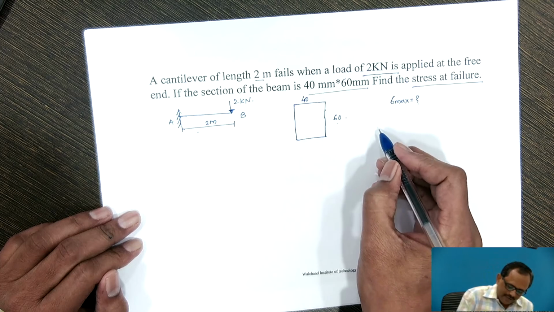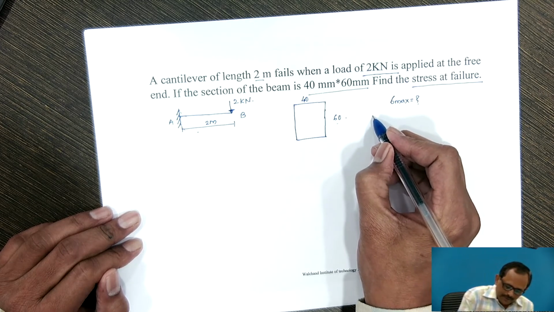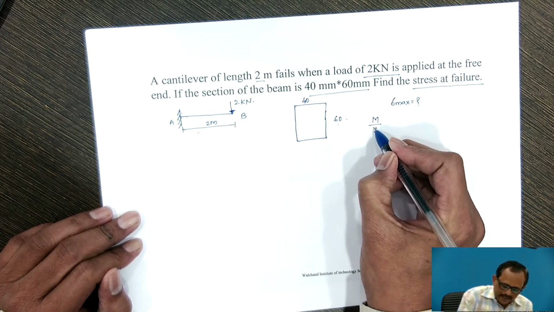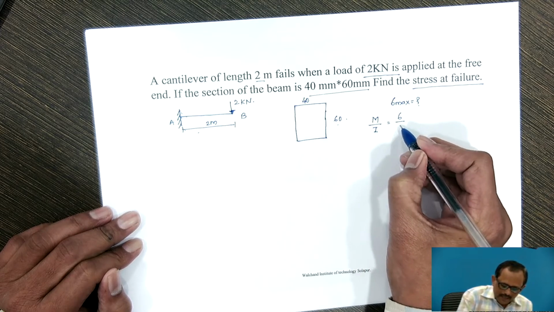First of all, we have to use the bending equation M by I is equal to sigma by y.